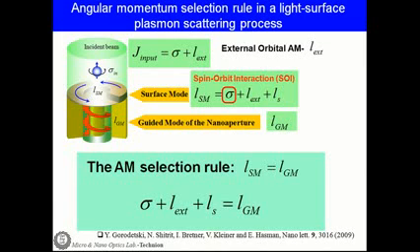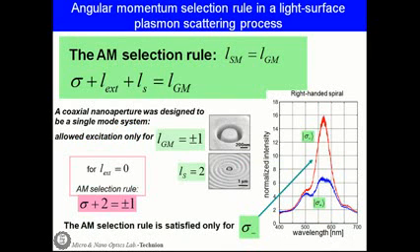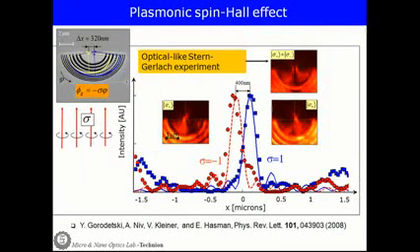In our case, we realize an annular aperture that allows excitation only for L guided mode plus minus 1. We realize an L structure, a spiral phase, which is equal to 2. The angular momentum selection rule in this case is satisfied only for sigma minus, and there is very good agreement with our experiment.